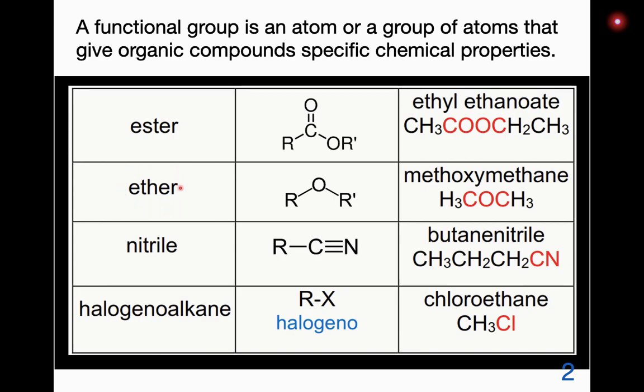Next, we have the ethers. This is the ether functional group. An example is methoxymethane. Next, we have the nitriles. The nitriles have a carbon to nitrogen triple bond. An example is butane nitrile. And finally, we have the halogenoalkanes. The functional group is halogeno. An example is chloroethane.